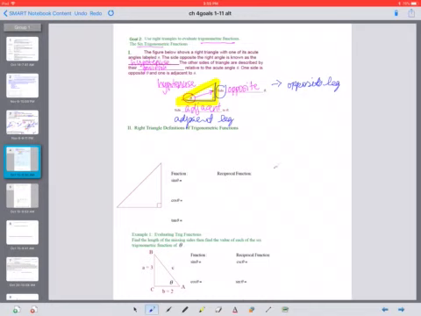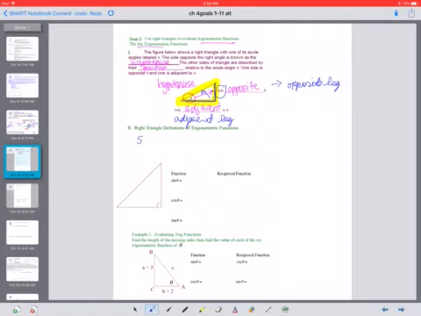So again, in a right triangle, the 2 sides that create the right angle are referred to as the legs of the right triangle, and the side opposite the right angle is referred to as the hypotenuse. And I know that you know those things. Recall that the hypotenuse is always the longest side of the right triangle because it is opposite the largest angle of the right triangle. All right, so let's review SOHCAHTOA that you learned in geometry.